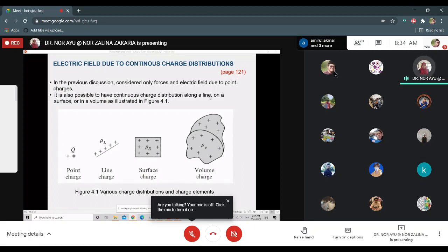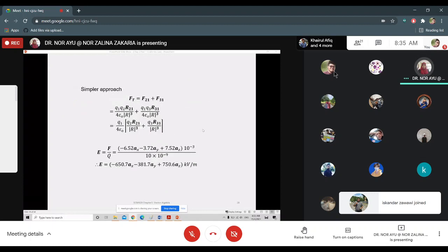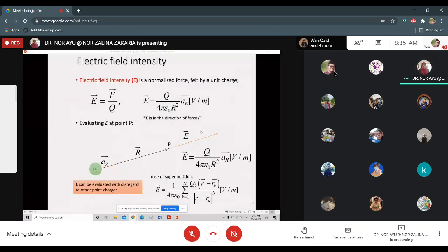Okay, so last Monday we stopped at electric field due to continuous charge distributions. Does anybody have any problems with the slides before, or probably Coulomb's law? Anyone?